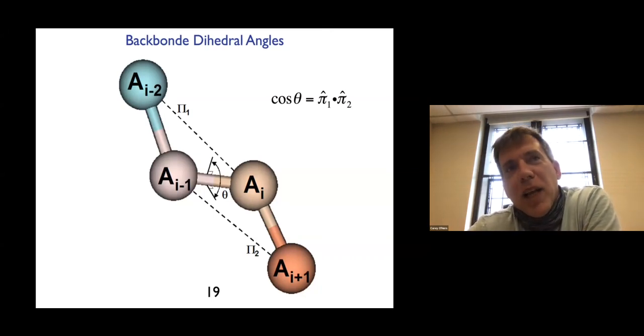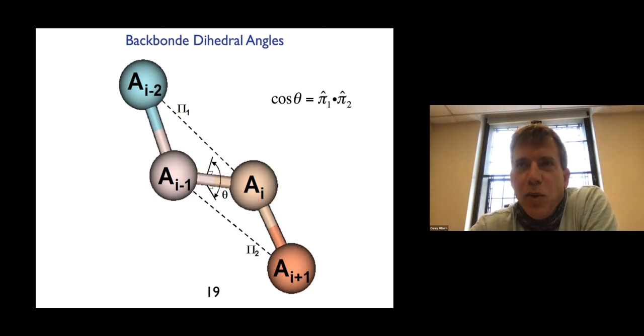What's nice about a plane is that a plane has a unique direction, which is the vector that's perpendicular to the plane. So basically, a plane can be characterized by the perpendicular or the normal direction to that plane. It's basically how the face of that plane is pointing.